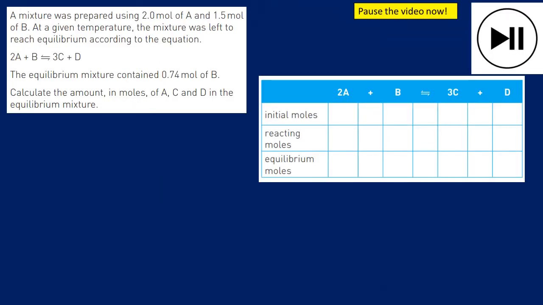Let's move on to looking at an example then. So we have to do a calculation here. So again, we'll stick with a general equation.